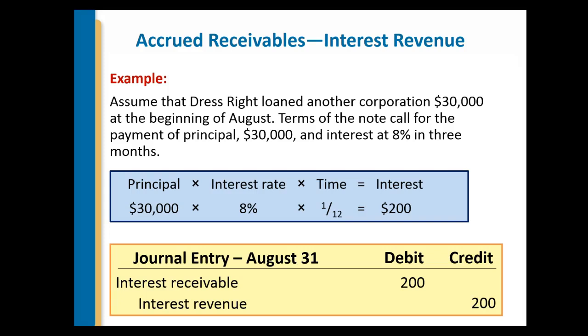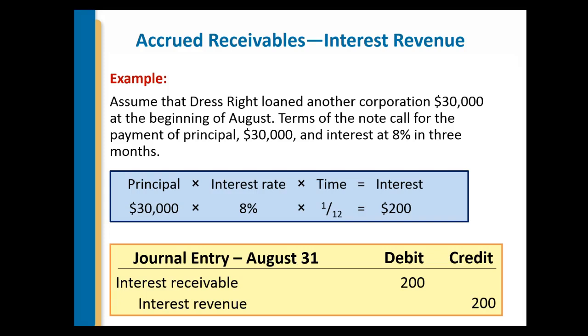Dress-Right must record the interest revenue earned but not yet received along with the corresponding receivable. Interest receivable increases and interest revenue, which ultimately flows into shareholders' equity through retained earnings, also increases.